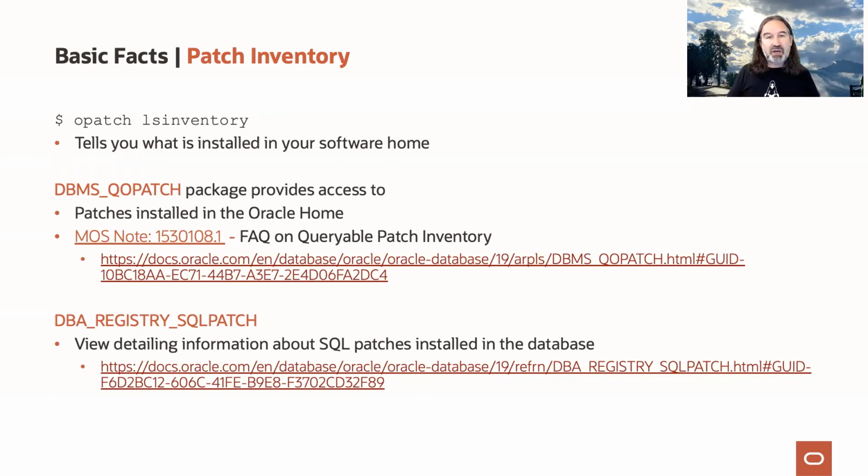You can query the inventory also from inside the database, and since 12.2 also from multitenant PDBs, with DBMS_QOPATCH. And in addition, so this is for the binary part. In addition, for the datapatch part, you can query what datapatch did with DBA_REGISTRY_SQLPATCH, or in a multitenant environment, CDB_REGISTRY_SQLPATCH.